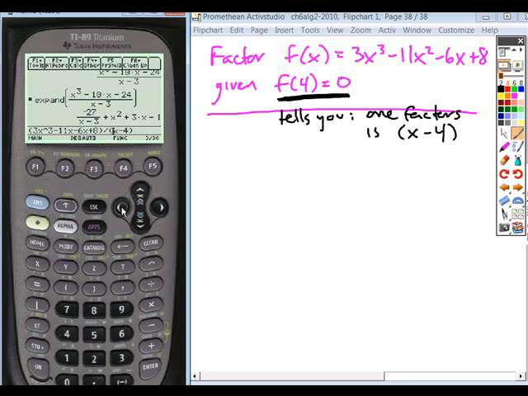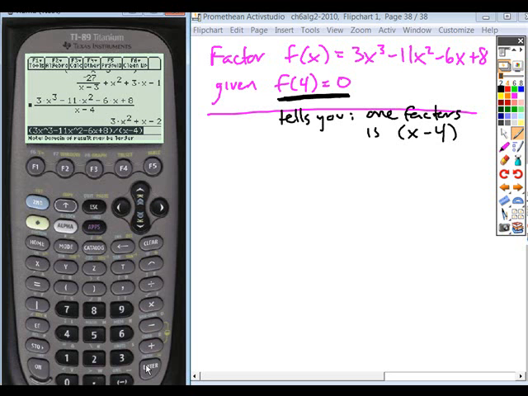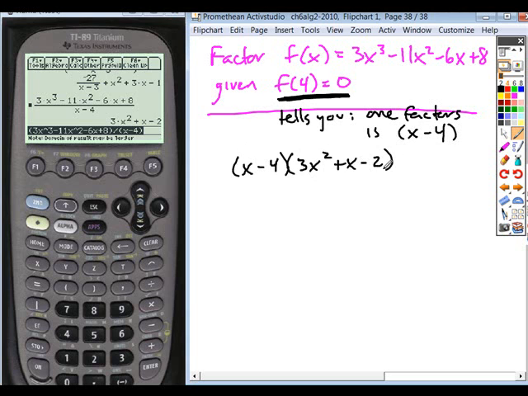Okay. Now again, as I enter this, it gives me my remaining term. So we want to find all the factors. So we know that one factor was x minus 4. Based on this, we now see 3x squared plus x minus 2.